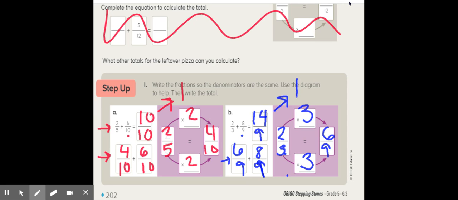After I take 9 from 14, there's 5 leftovers. And my units don't change, they stay 9s. Okay, so this one reduced to 1 and 5/9. If you don't reduce your answers on the problems that you're going to be working on for me on the assignment, they'll still be correct, but I'd like you to try if that's something that you can do.